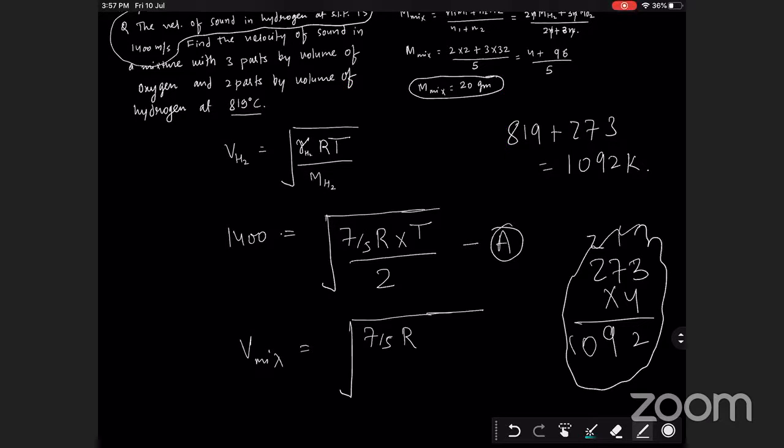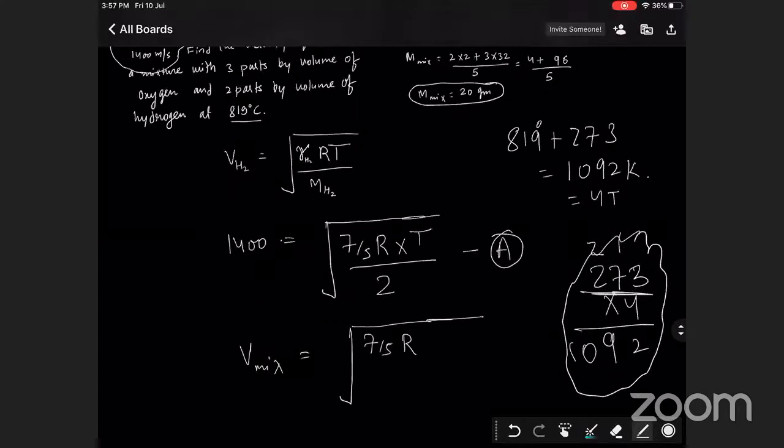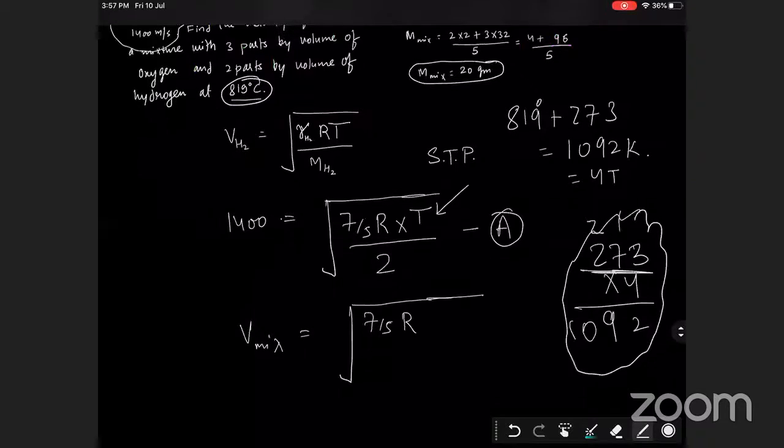So can I say 819 degrees centigrade is equal to 4T? Yes, because this is 4 times the temperature at STP, and this T is at STP. Do you agree with that?